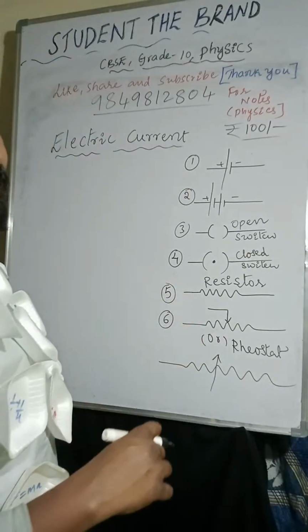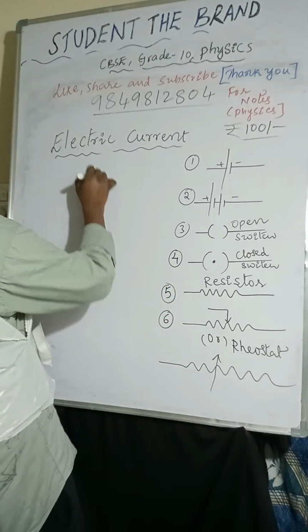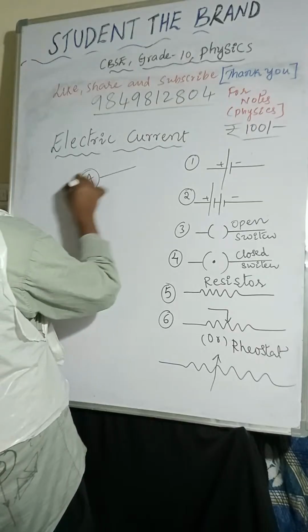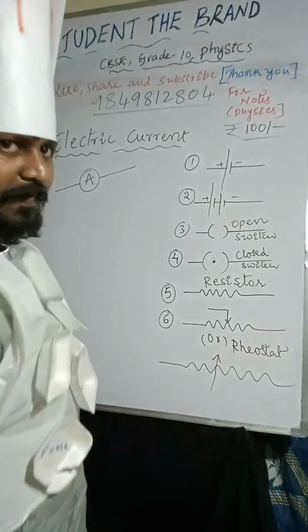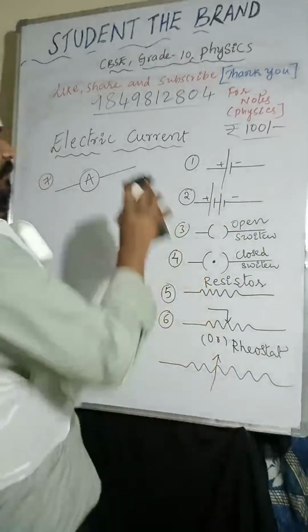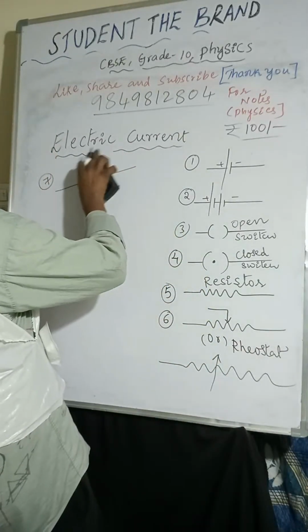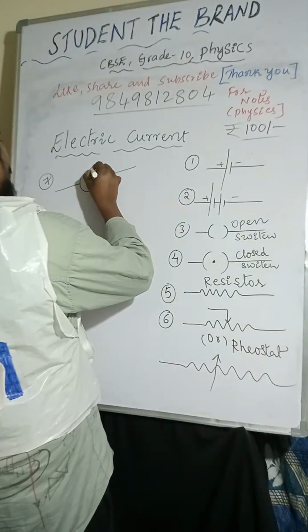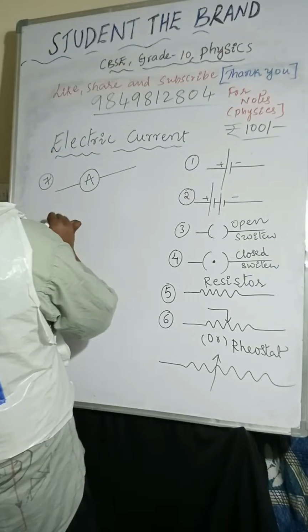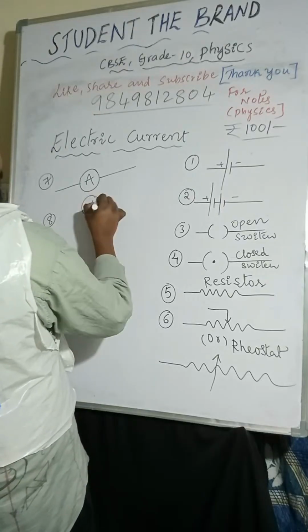The next one is the ammeter. The seventh one is the ammeter. Next one, voltmeter.